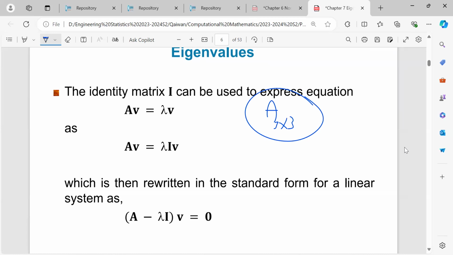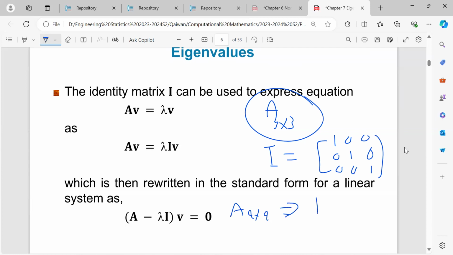So I must be a 3 by 3 matrix, which is 1 0 0, 0 1 0, 0 0 1. If A is a 2 by 2 matrix, then I must be a 2 by 2 matrix. The size of the identity matrix must be the same size as the given matrix. Both must have the same size.